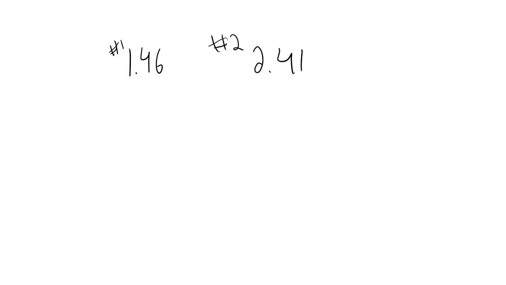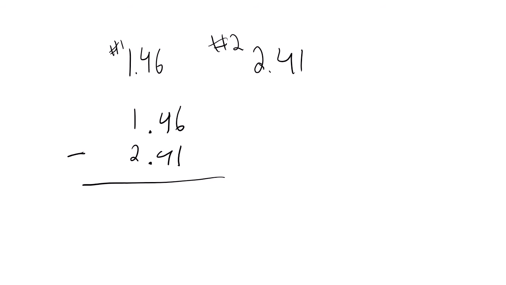But now we're doing it with decimals. So if I had 1.46 as my first number, and as my second number I had 2.41, how would I set it up? Set it up for me. Exactly. You guys remember from the video, just align the decimals and everything falls through.